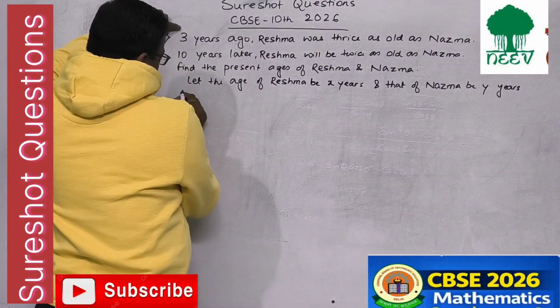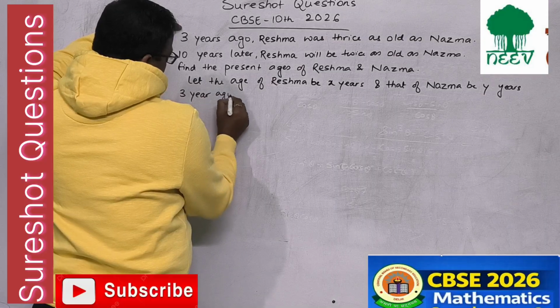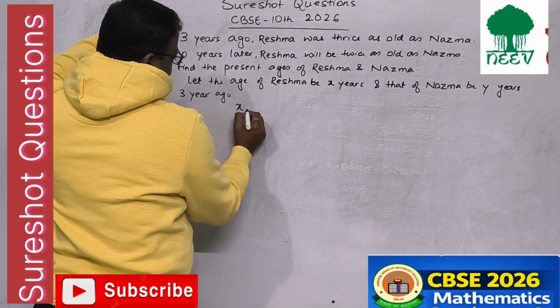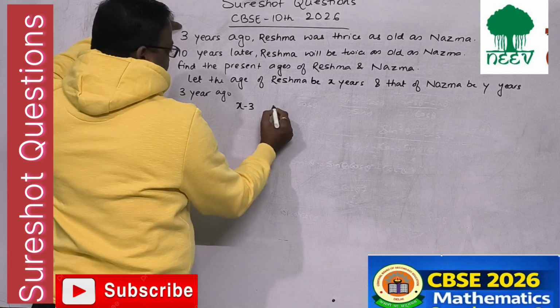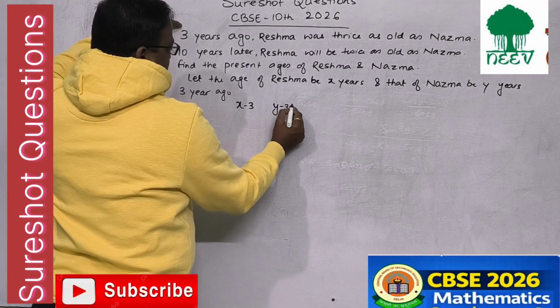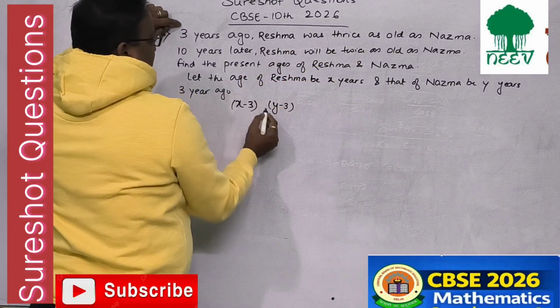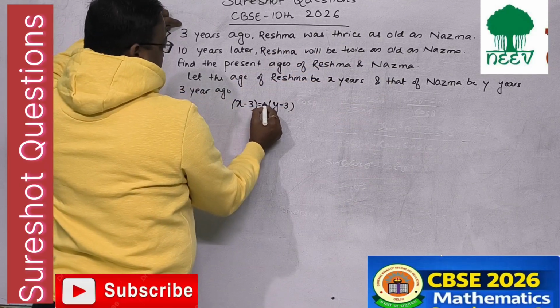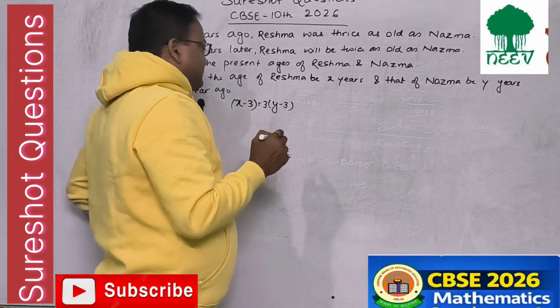Now let's check the conditions. 3 years ago, Resma will be X minus 3 and Nazma will be Y minus 3. And Resma was thrice as old as Nazma. Just follow the statement of what the question is saying.